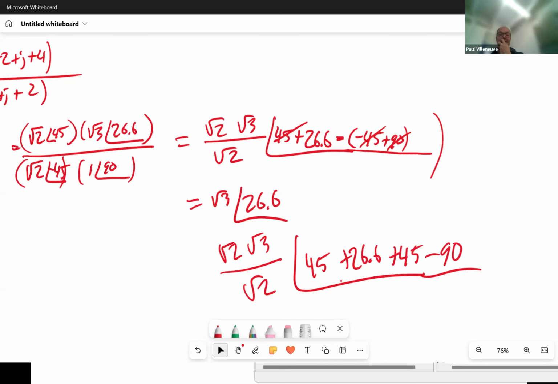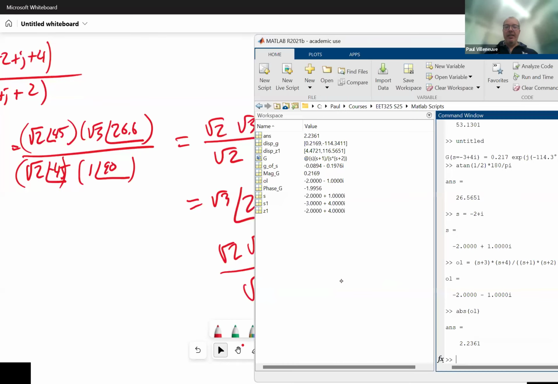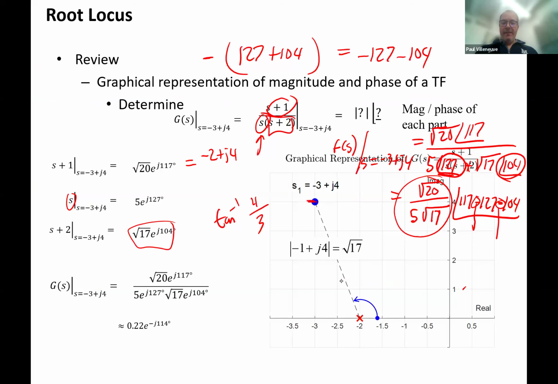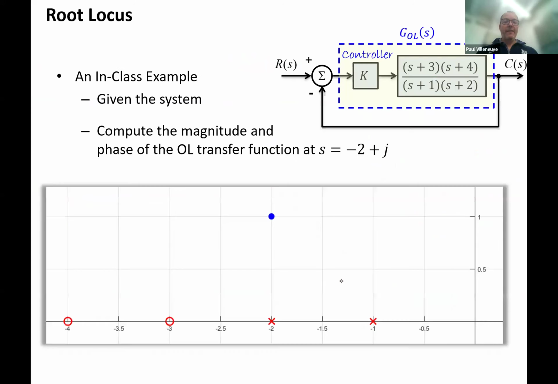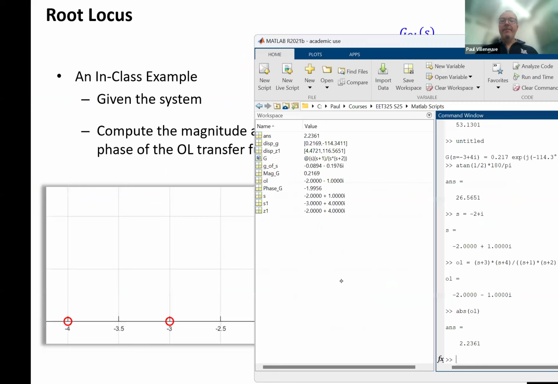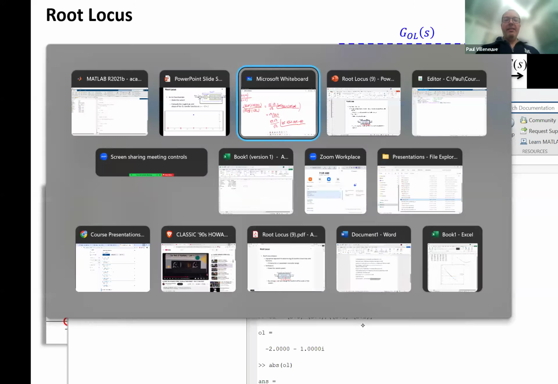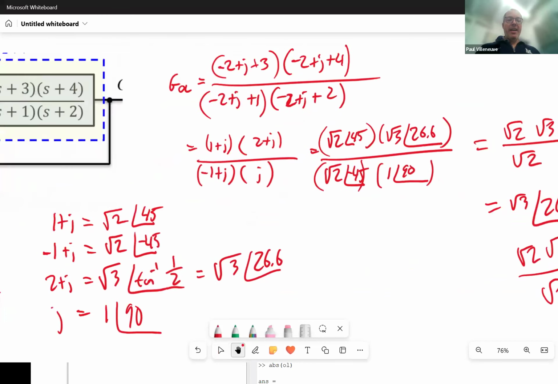When I distribute the negative. And so these two cancel, but I get the square root of 3. Did I do that incorrectly? Hold on. Let's see, S plus 3, S plus 4, S plus 1, S plus 2. So that looks okay. Do I have a math mistake here?